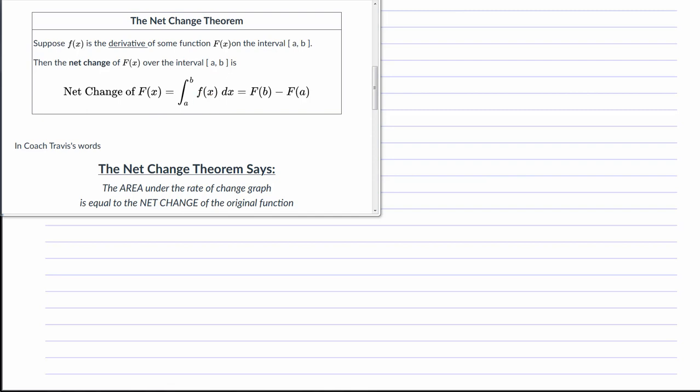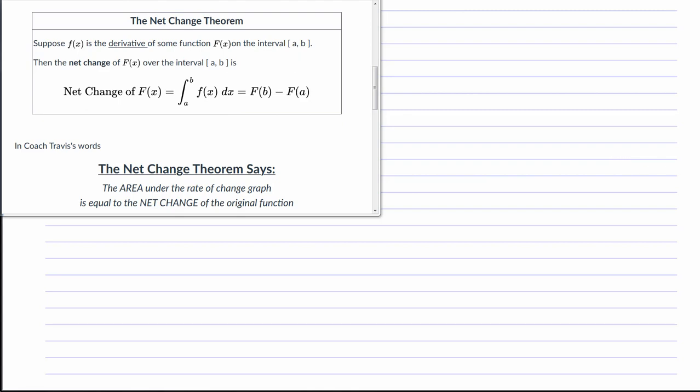That's useful in our problem because velocity is the derivative of position. So if I want to find the net change in position, I need to do the integral of the velocity function.